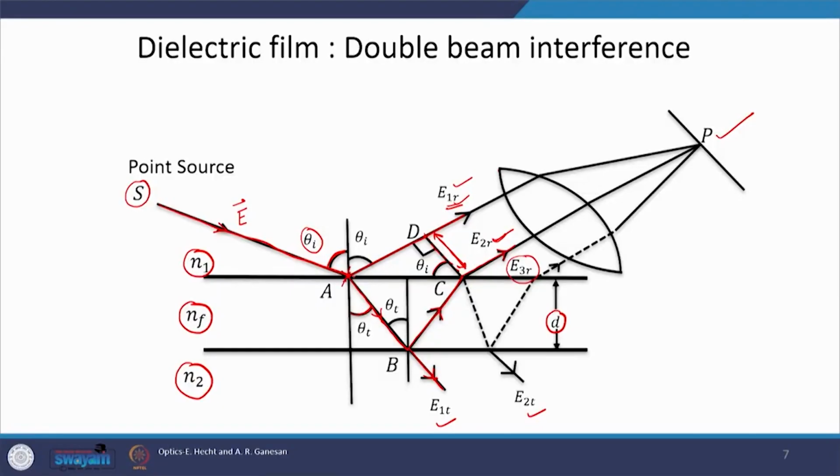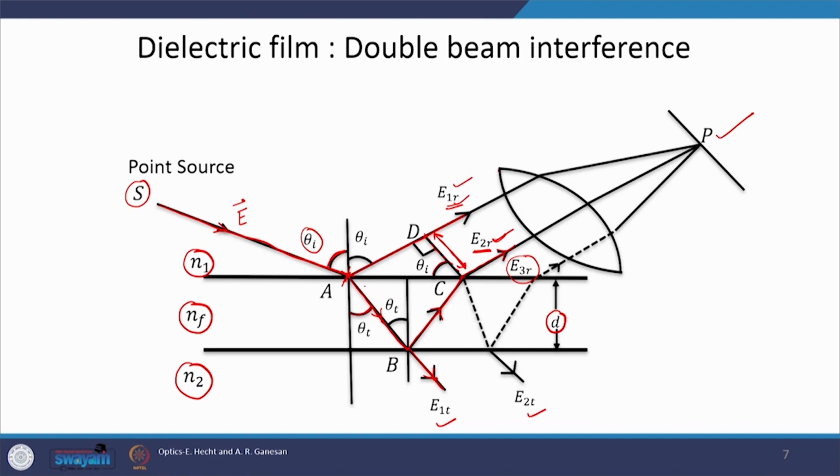Now we will talk about the path difference between E1R and E2R. Till point A the path length is the same, and after line DC the path length is the same. Therefore, whatever difference is being created between the two paths is after A and before DC. Now, you see that E2R, the second ray, is following path ABC, while the E1R ray is following path AD.